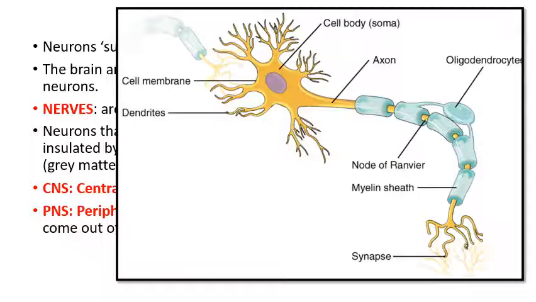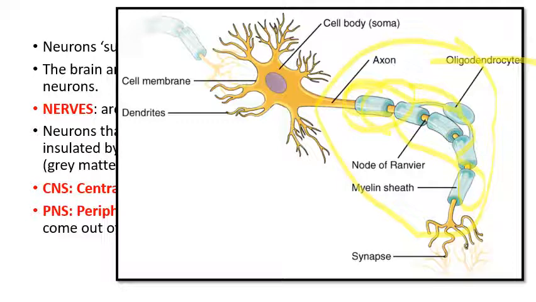Okay, so now if a neuron has a very long axon and it has to transmit signals over long distances, the axon needs to be insulated with myelin. The myelin is actually produced by other cells that are either called Schwann cells or oligodendrocytes, depending on where you find them. And those cells actually wrap themselves around the axon of that neuron, like the illustration shows here.